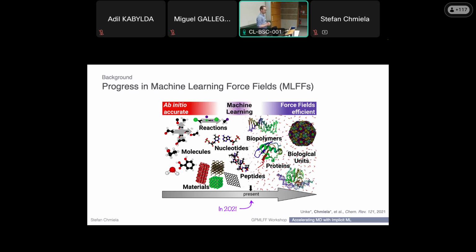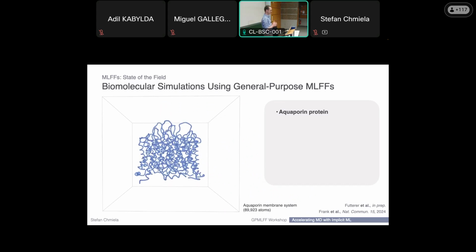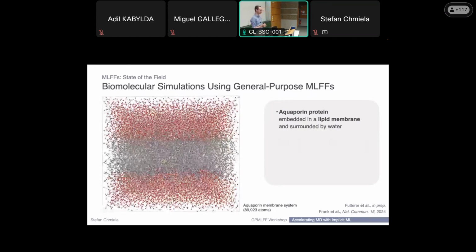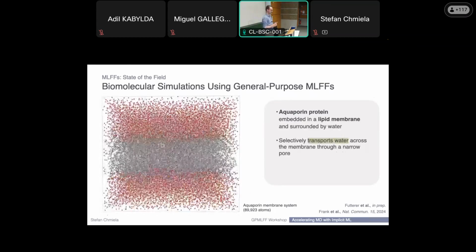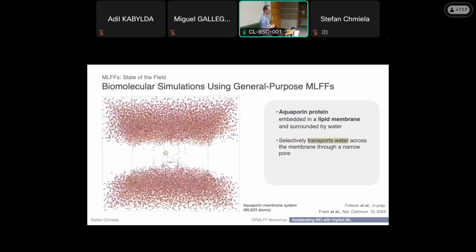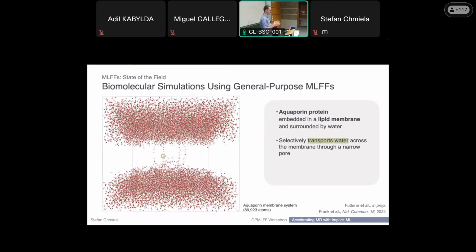It's really amazing how far we've come, and I have one little demonstration here that is preliminary work. This is work that Joshua is doing with his next generation of the Socrates family of force fields. What you can see here is this protein called aquaporin, embedded in a lipid membrane in this animation, and surrounded by water.